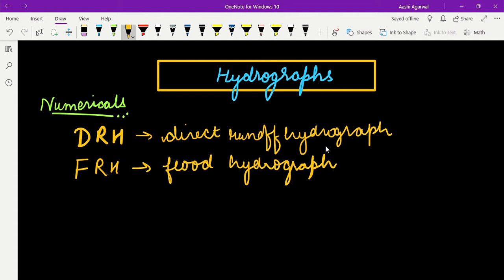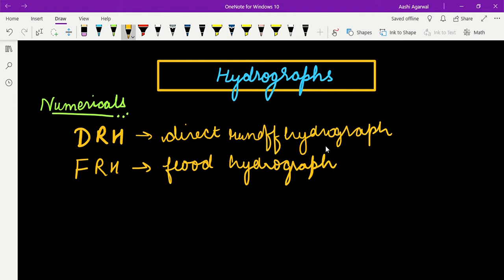In a direct runoff hydrograph, we do not consider the base flow, and base flow is that water or runoff which reaches the stream after a long period of time. All the water which is not getting infiltrated or evaporated goes over the surface to a stream, and that is called surface runoff.